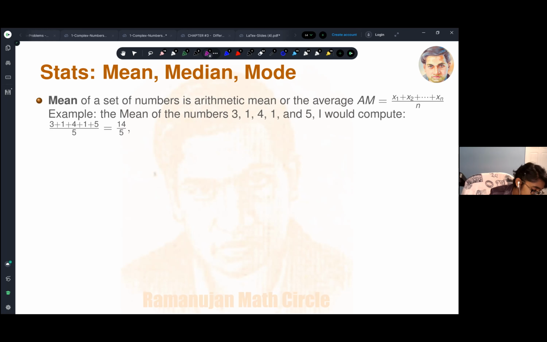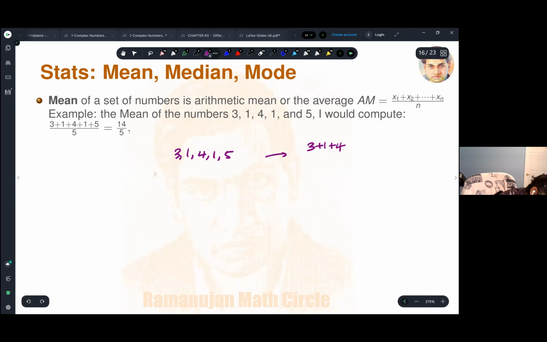So if there are 5 numbers, 3, 1, 4, 1, 5, you would do the sum first: 3 plus 1 plus 4 plus 1 plus 5, and divide that by 5 because there are 5 terms: 1, 2, 3, 4, 5. When you do that, you get 14 over 5. So that's your mean or average.